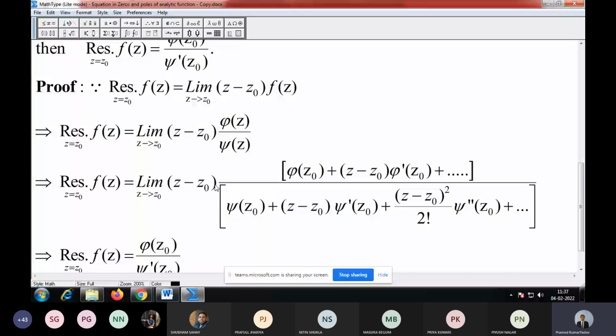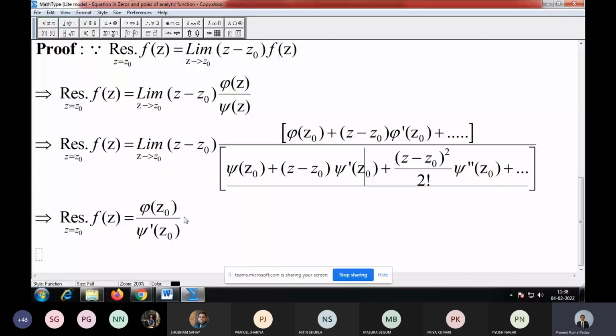So here the first term will be psi dash (z naught). The second term will be (z minus z naught) by factorial 2 psi double dash (z naught) plus and so on. And in the numerator the first term will be this one. So when we take the limit, in the numerator all terms will vanish except the first term, and in the denominator all terms will vanish except the first term. So ultimately what you get is phi(z naught) divided by psi dash (z naught).